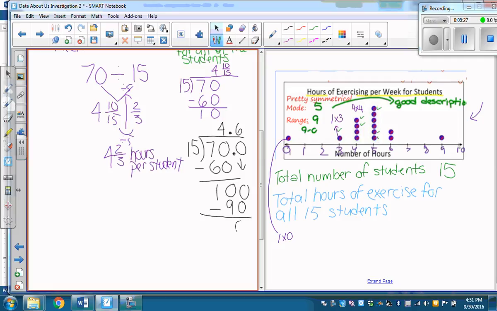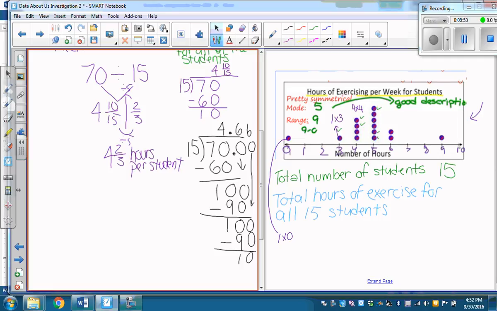When I subtract that, I get another 10. So I'd put another 0 here. And I recognize a repeating pattern. 6 times 15 is 90. And that pattern just keeps happening over and over and over.